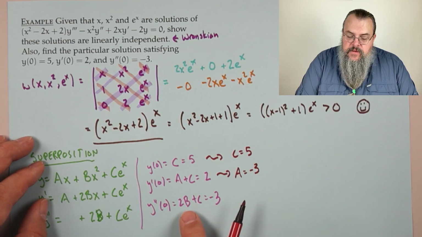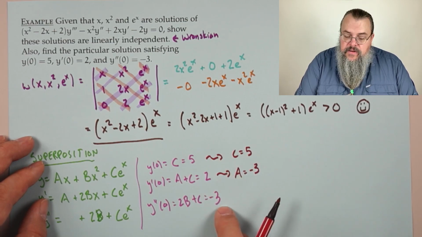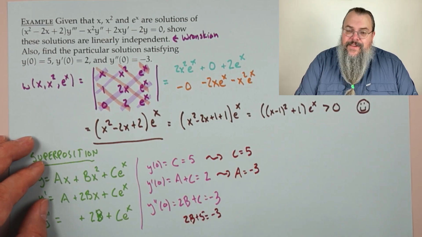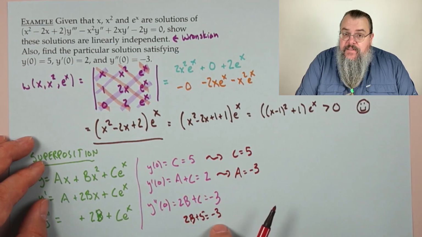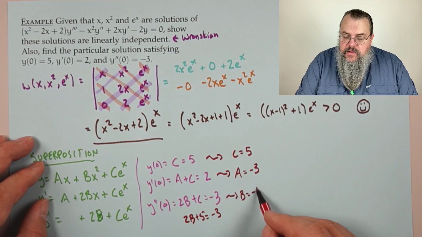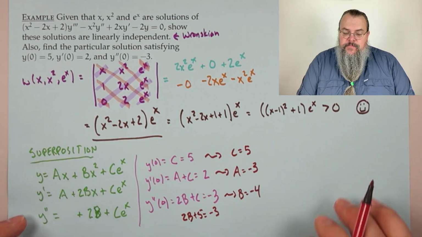Now here we have 2B plus C, which is 5. So 2B plus 5 is negative 3. So that says what? Well, that one we might want to write stuff down. So subtract 5, 2B would be minus 8. So that says B is minus 4. All right, there we go.